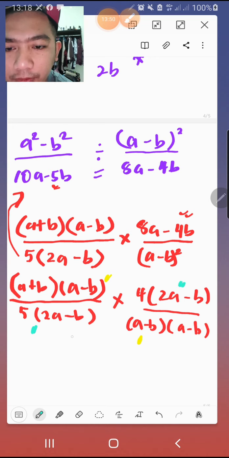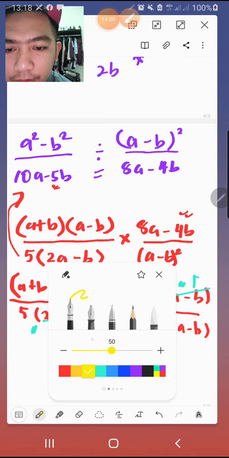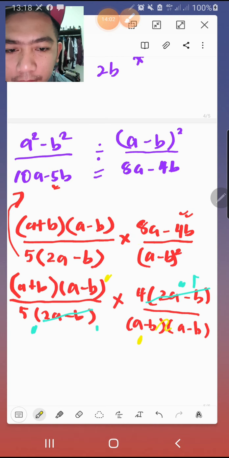Okay, so now 2a minus b you can eliminate here, so it will become 1, and here a minus b. So a minus b you can eliminate only one time. Okay, a minus b with this a minus b, this one is not allowed, because you eliminate only once.